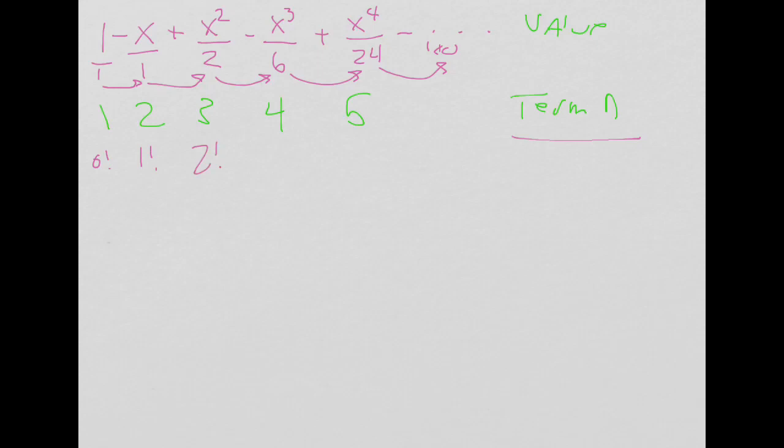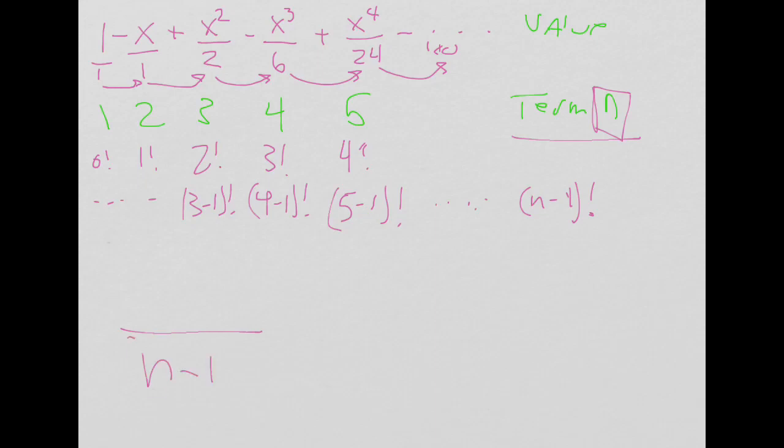Third term, 2 factorial. Fourth term, 3 factorial. Fifth term, 4 factorial. So you can see each time the factorial that we're doing is 1 less than the term number we're at. So that's like 5 minus 1 factorial, 4 minus 1 factorial, 3 minus 1 factorial, and so on. But in this way, that means we're dealing with n minus 1 factorial for our denominator. So I'm going to go ahead and just put that there for now because we know that's true.